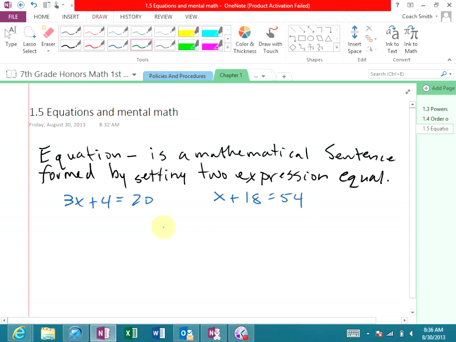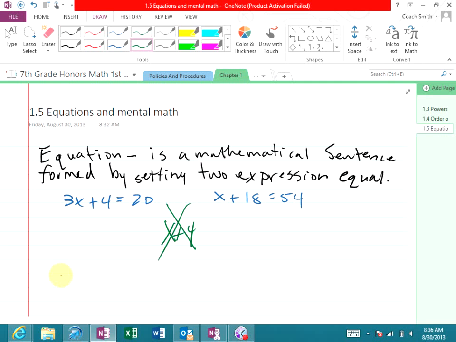If I just put x plus 4, that's not an equation. The reason it's not an equation is, A, it's not set equal to anything. For it to be an equation, it must have an equal sign. So that's obviously not an equation, so we X it out because it's not going to help us here.